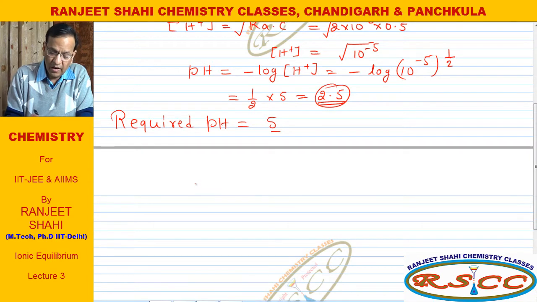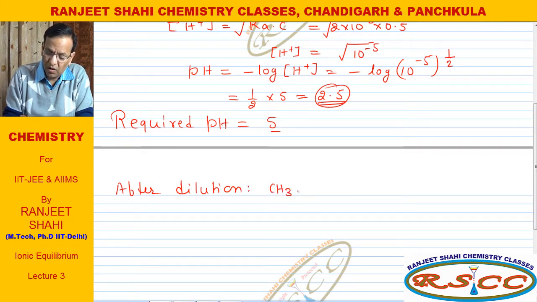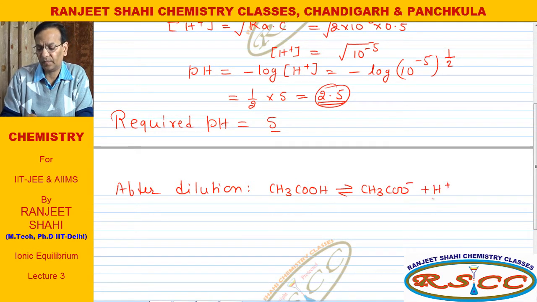We will write again the ionization of weak acid after dilution. After dilution, acetic acid ionization will be written in the same manner to give CH3COO minus and H plus. Now after dilution, let the concentration of acetic acid be C. The C is the initial concentration of acetic acid after dilution.